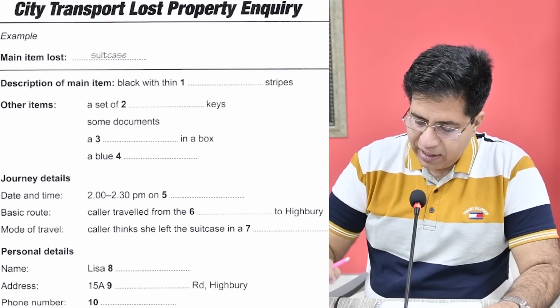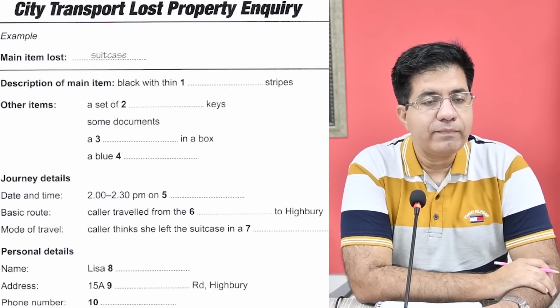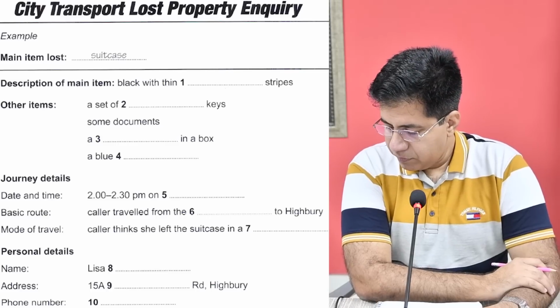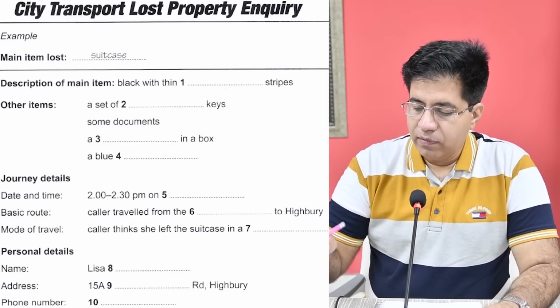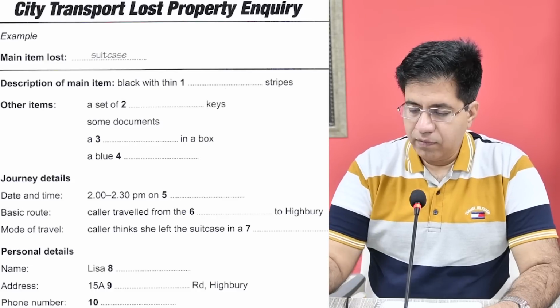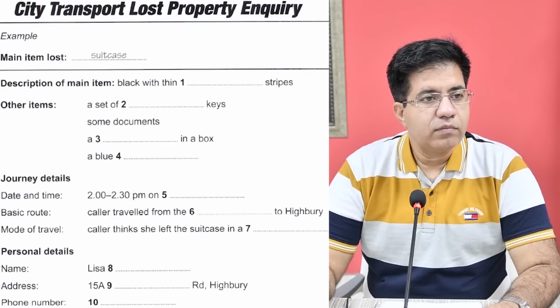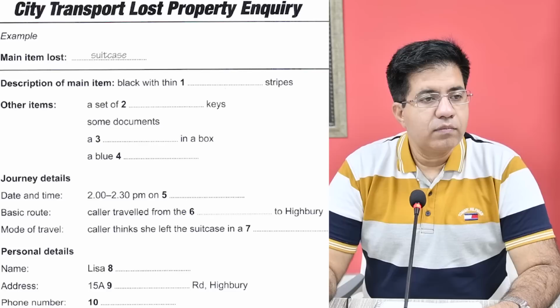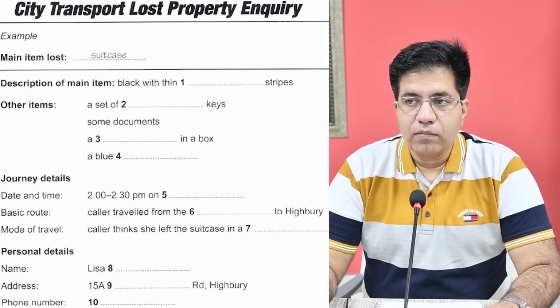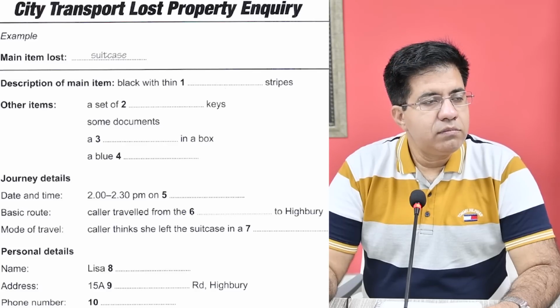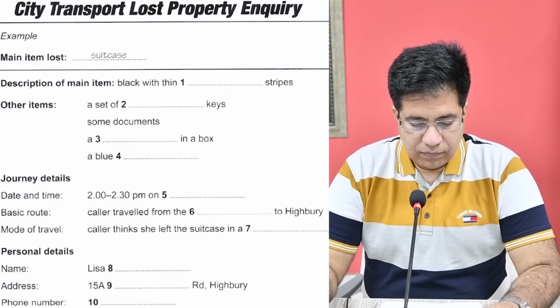I play this audio again. You will hear a phone conversation in which a woman talks to a public transport official about something she has lost. Hello, City Transport Lost Property. How can I help you? Oh, hello. Yes, I'm calling about a suitcase I lost yesterday. I don't suppose I'll get it back, but I thought I'd try. Well, some people do hand lost items in, so you might be lucky. Let's put the details into the computer.